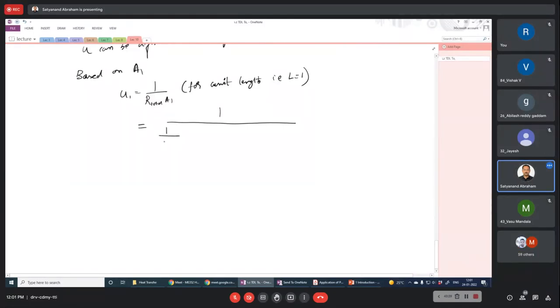1 by, so here 2 pi R1 L into H1, into A1 we are writing, plus 1 by 2 pi Lk into Ln R2 by R1 into A1, plus Ln R3 by R2 divided by 2 pi L Kb into A1, plus 1 by 2 pi R3 L into H2 into A1.